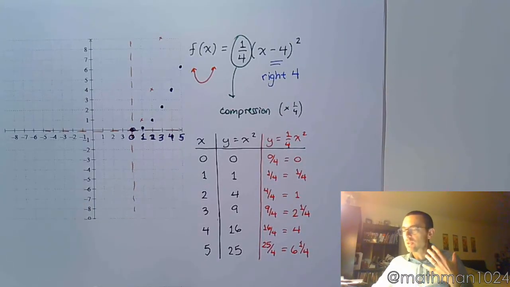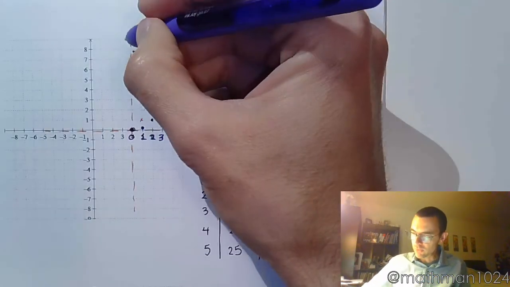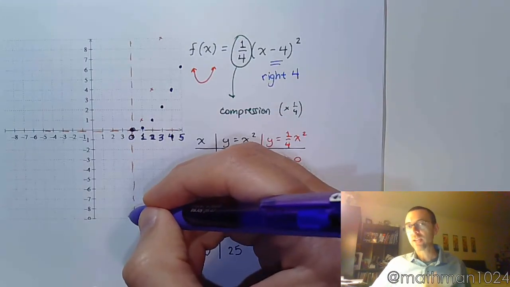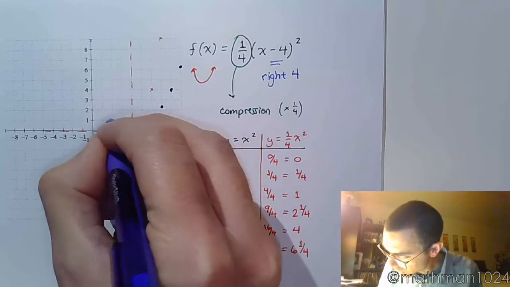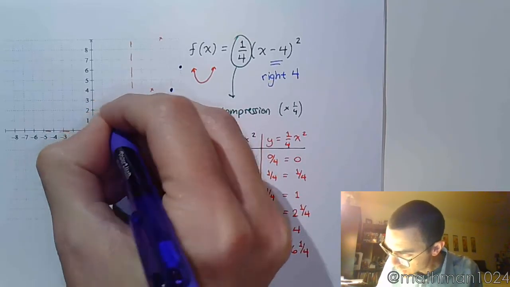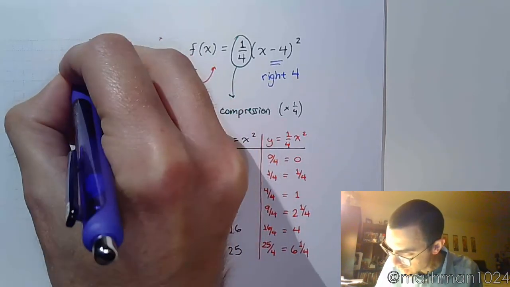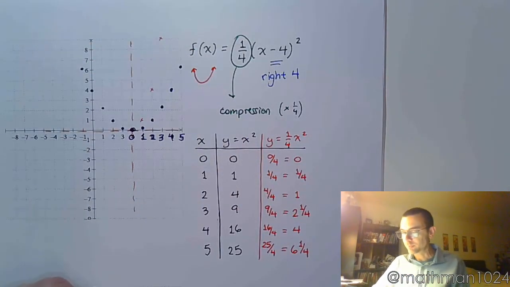So you can see that this guy is quite a bit compressed compared to the original one. Again, this vertical line going through the vertex acts as a line of symmetry, so I can copy these points on the other side. So there's the 1/4, 1, 2 1/4, 4, 6 1/4.